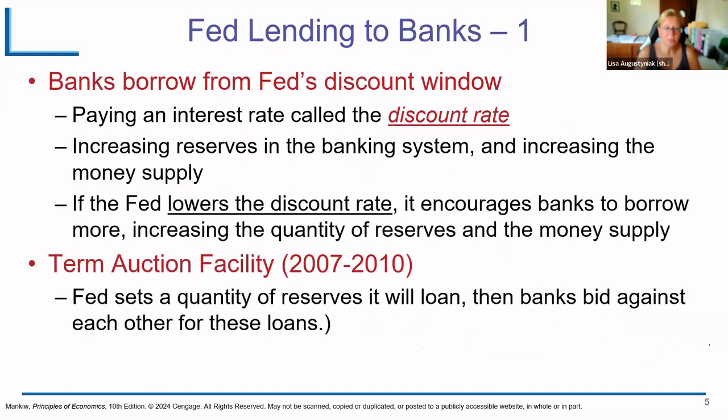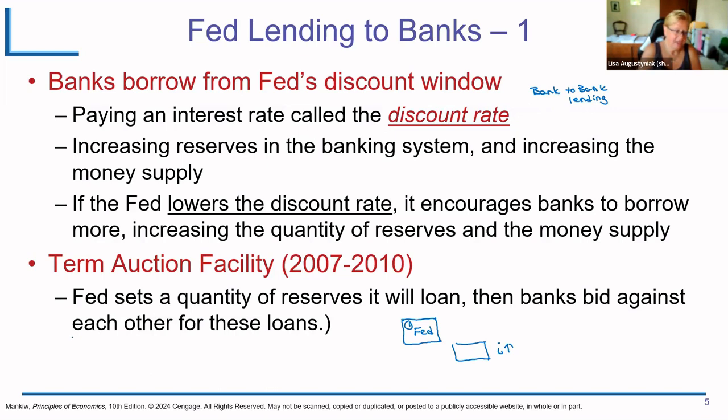The second one that the bank can use is the discount rate, and this is bank-to-bank lending. So either Fed to a bank or bank to bank. And the Fed doesn't have an unlimited amount of reserves that it can loan out. So first would be borrowing from the Fed. Second would be an auction facility where we have bank to bank, and the interest rate on those types of loans is going to be higher, because just as you and I pay interest, banks have to pay interest to other banks.